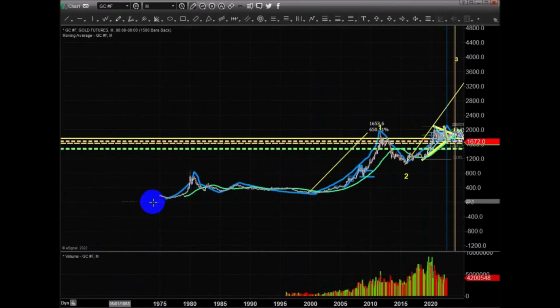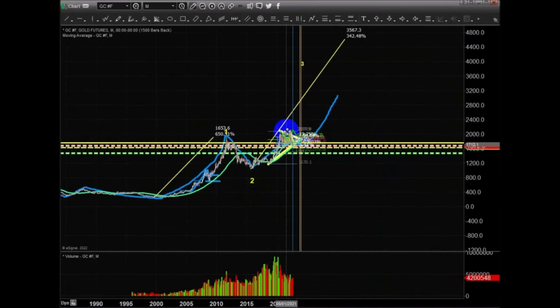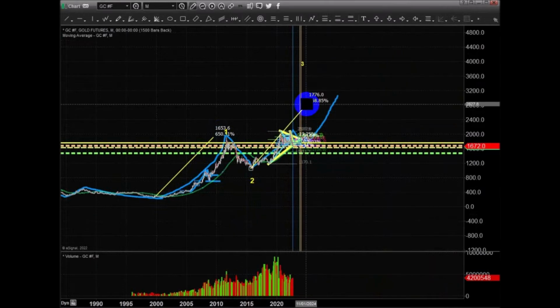This could very well be the end of a wave 5, then an A, B, C downward move, then an A, B, C upward move, and C cannot be smaller than A. So if we count this as A, wave C cannot be smaller in price size than A. That means we have at least a $1,600, let's call it $1,700 move, which would put us up here.